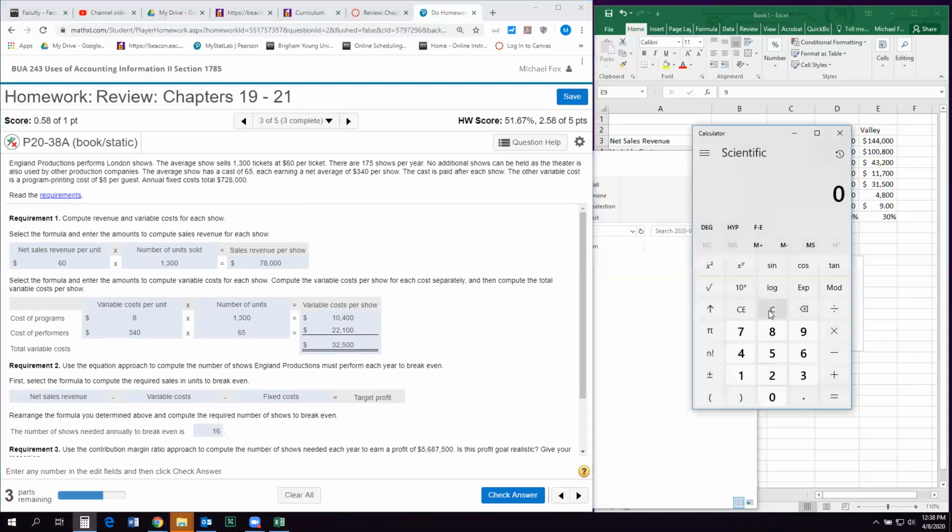Contribution margin divided by revenue gives us the contribution margin ratio. So the contribution margin is our revenue per show minus our variable cost per show. Divide that by sales revenue per show, and that gives me my contribution margin ratio, 0.58333.